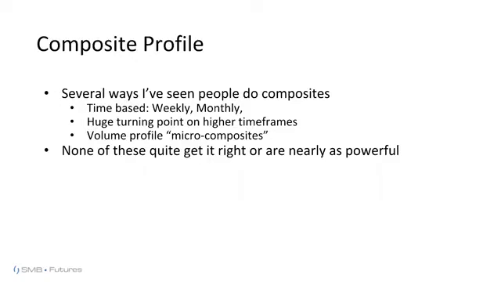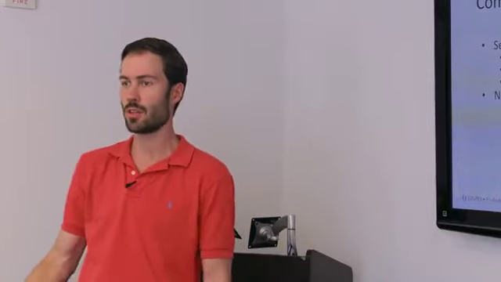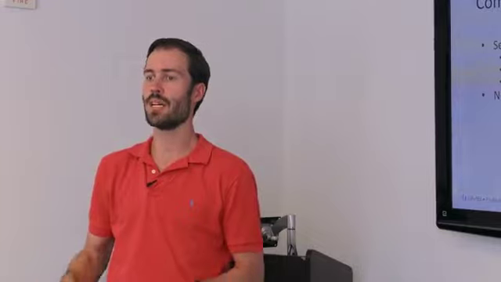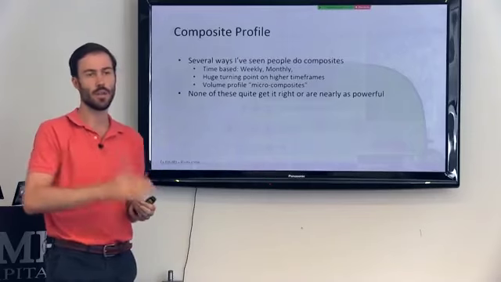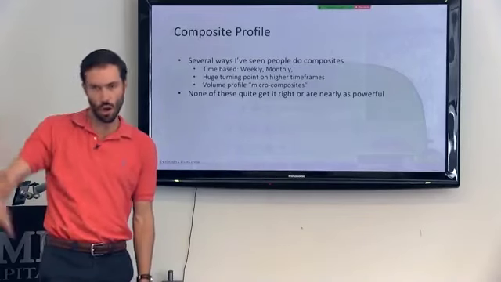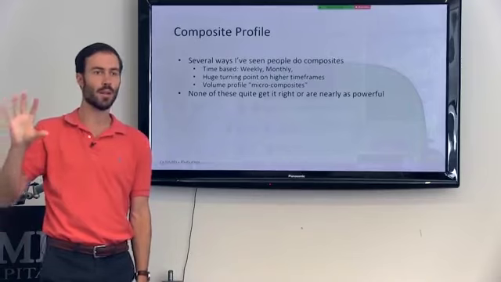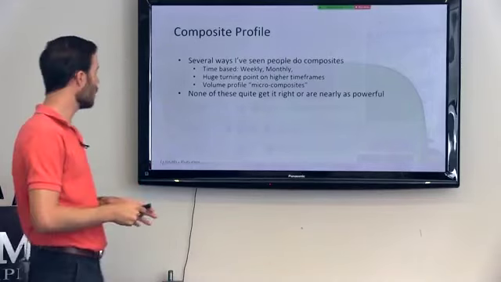Other people look at, I think this gets closer and closer to the right story, huge turning points. So if you had a big sell-off in the S&P and then you started the rally, and it was a very clear swing low on a higher time frame, a daily chart, a weekly chart, some people would say, okay, I'm going to start building what I call a composite from that swing low forward, and we're going to look at all of that volume or all of that profile as a composite.